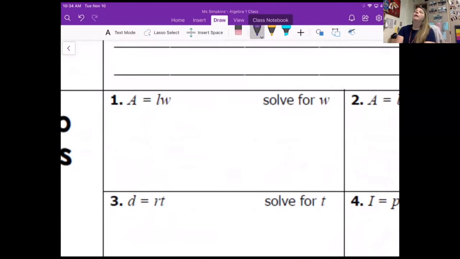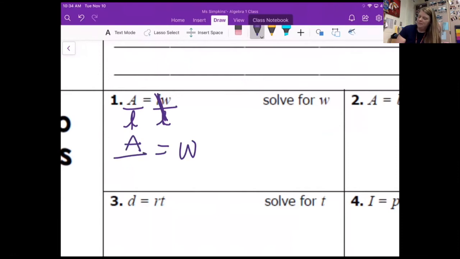Multiplied by L, so we want to do the opposite: divide by L. Sorry, I should make that look more like an L. So these L's cancel, and I'm left with W equals, literally, literal equations. Get it? Sorry. A divided by L. You can't do anything else.